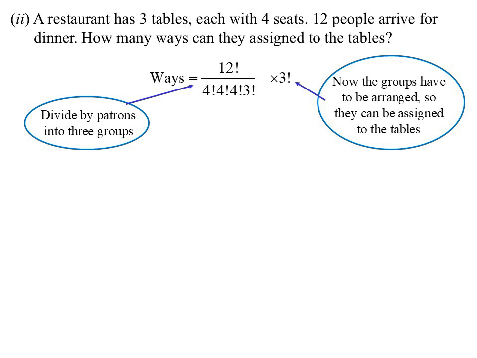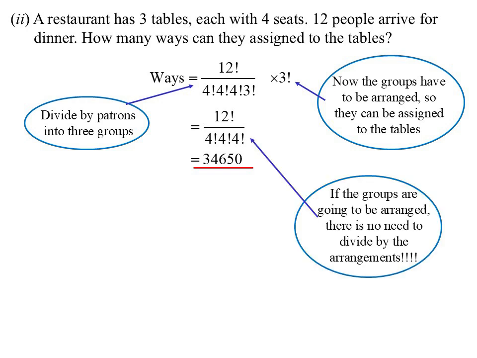So I have to multiply by the 3 factorial. So effectively, what have we done? Notice 3 factorial will cancel with the 3 factorial. So really, if we're then going to arrange those groups and do something with them, I don't need to divide by the arrangements, because now the arrangements are important.